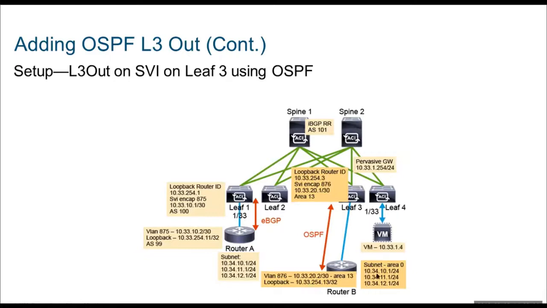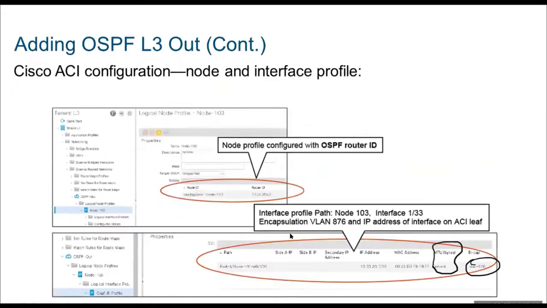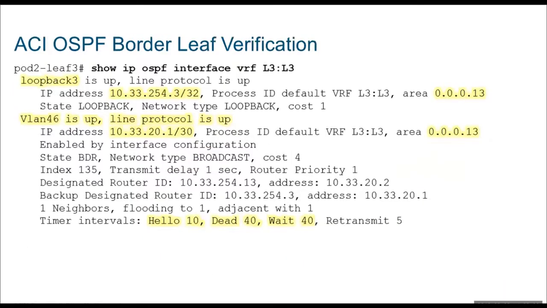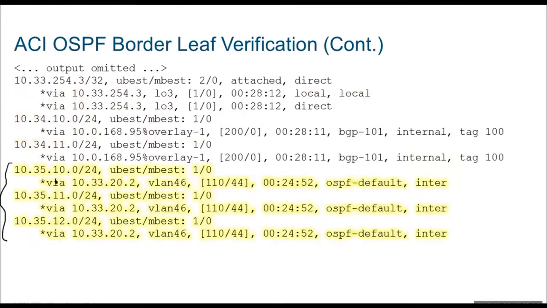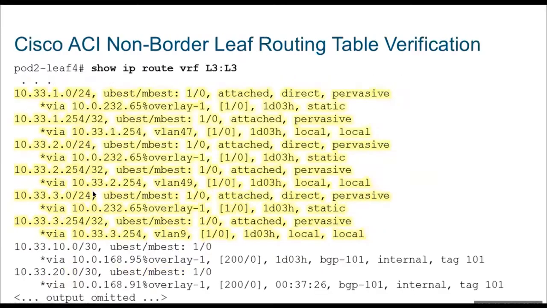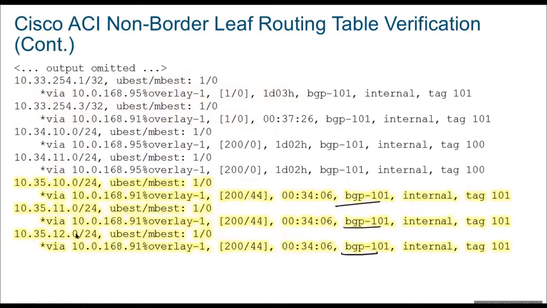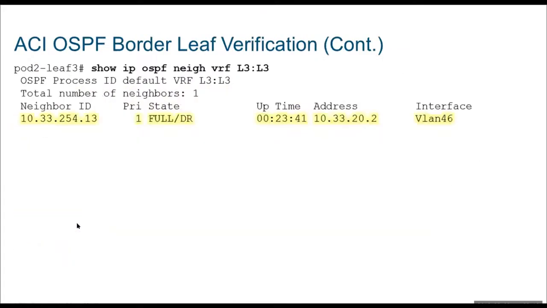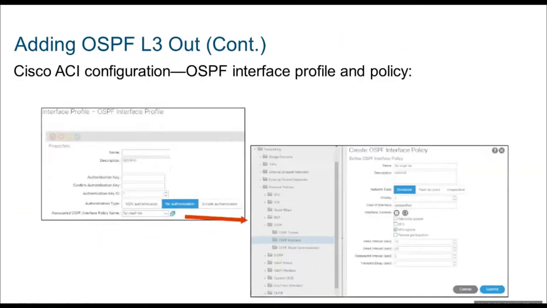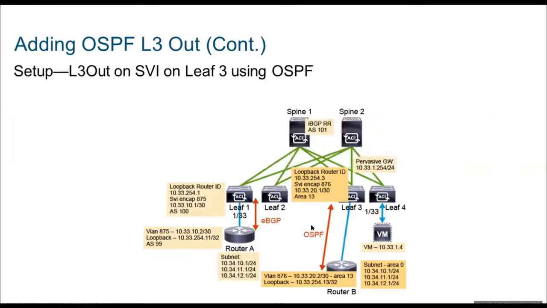It should be 10.35, I believe. Those are the subnets that we see. 10.35, I think, is what they're showing you. Okay. The 10.35.10, that's 10.35.10, 11, and 12. And of course, that's being redistributed to the non-border leaf as 10.35. So apologize, Cisco, I clearly made a mistake. I don't know why. This should be 10.35.